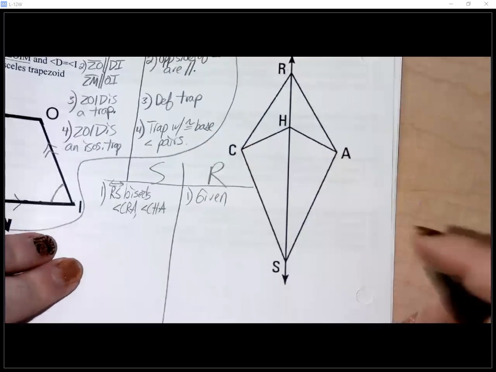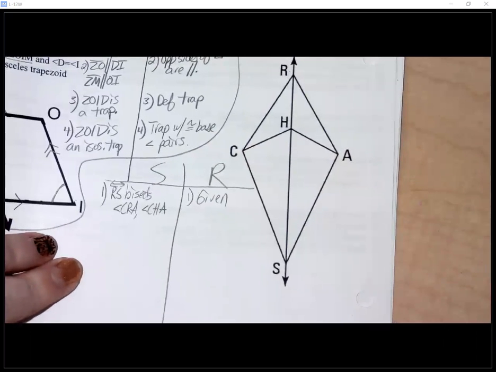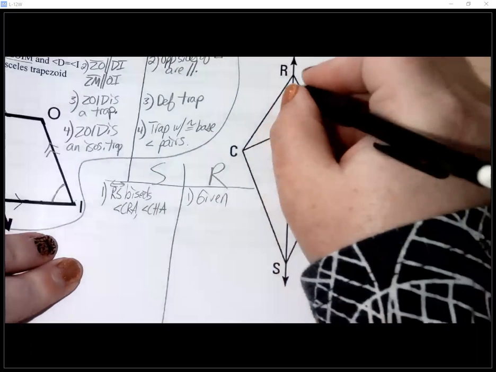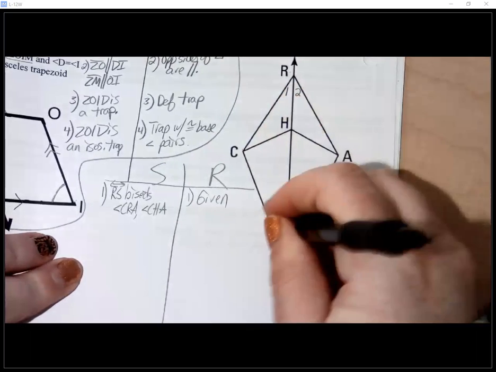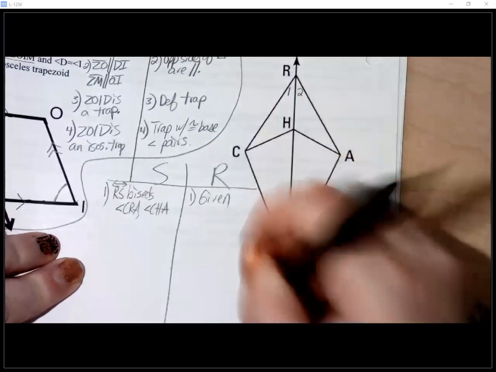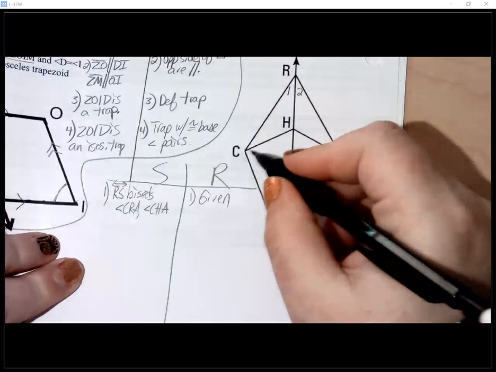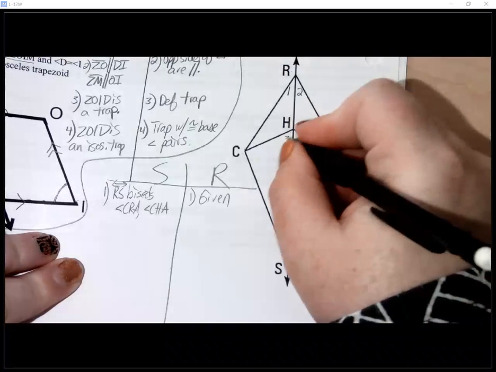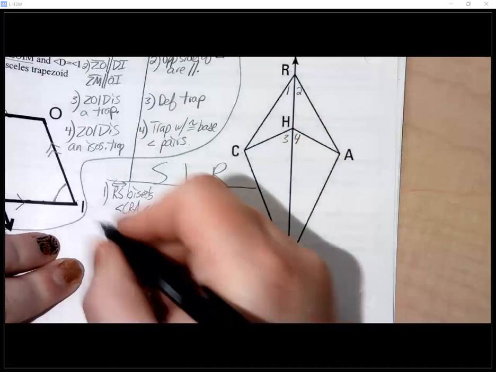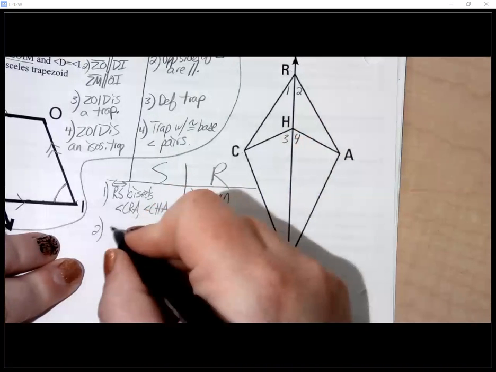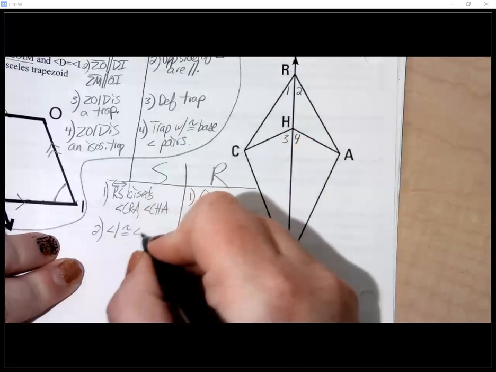So first thing, whenever they tell me bisect, I'm going to come in here and say that those two angles are the same, right? Oh, wait, it's not that one. CRA and CHA. So it'd be those two that I know. All right, be careful. So I could say angle 1 is congruent to angle 2 and angle 3 is congruent to angle 4.